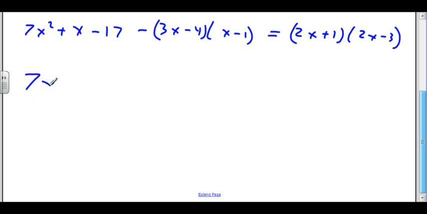Okay, so I got 7x squared. I've got an x. I got a 17. I've got a minus 3x squared. I've got 3 and 4 is 7. It's a minus 7, but I got a minus sign there, so I'm going to get plus 7x. I got a 4 times 1 is a 4, so that's a positive.